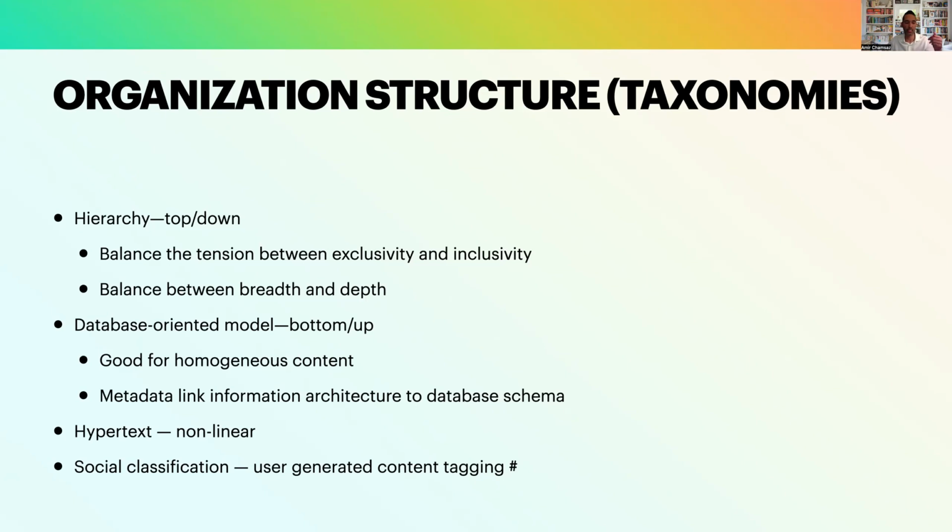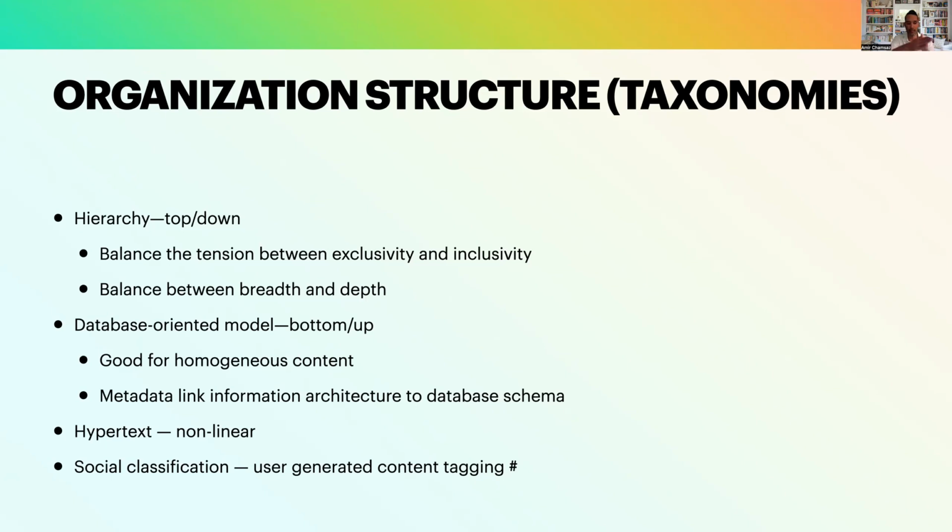So that's hierarchical. Another way of finding information is database oriented, and that works for homogeneous content. Let's say you want a list of articles, a list of pages, or, if you're designing a game, a list of the weapons that a user can use.